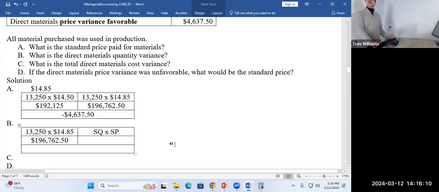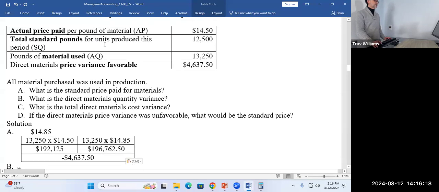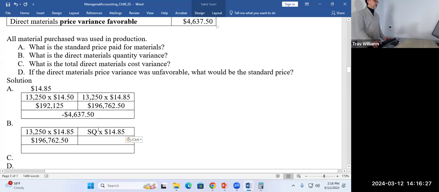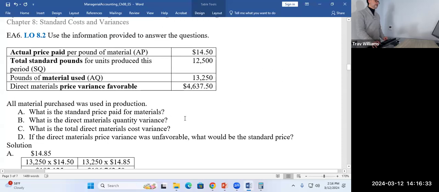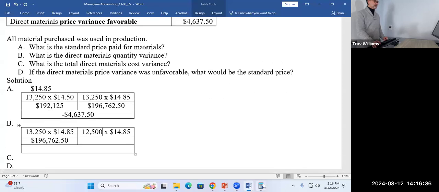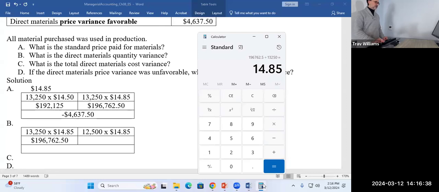Well, the standard price is what we just calculated, right? The $14.85. And the standard quantity was this one, 12,500. That's the normal amount of material we would use for this level of production. Okay? So this is pretty straightforward. Now we're just going to do the calculations.